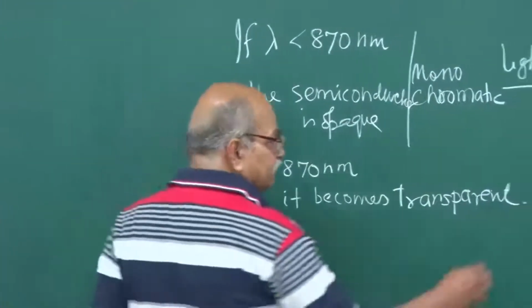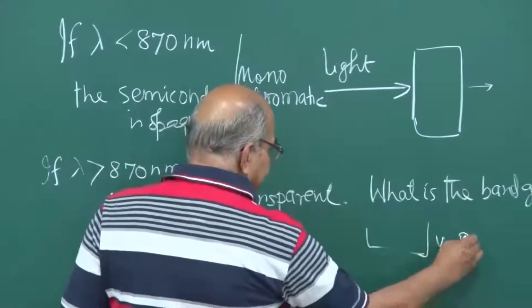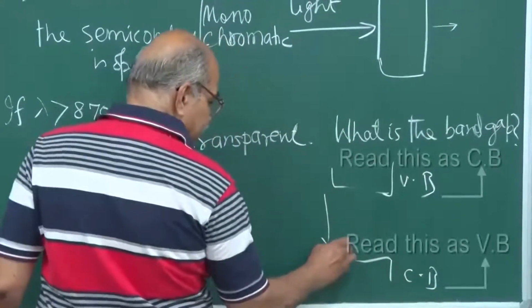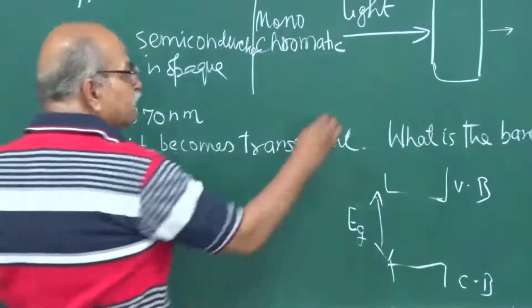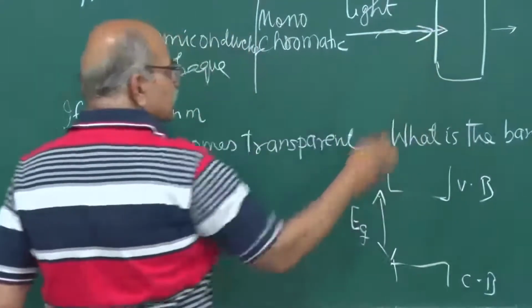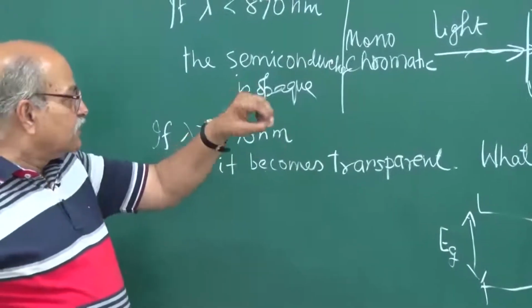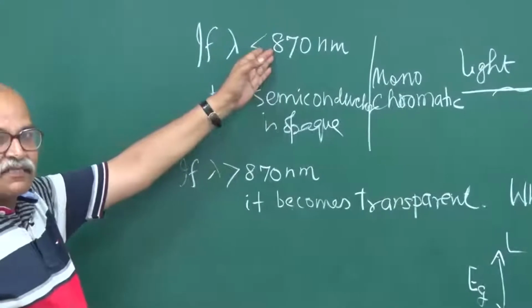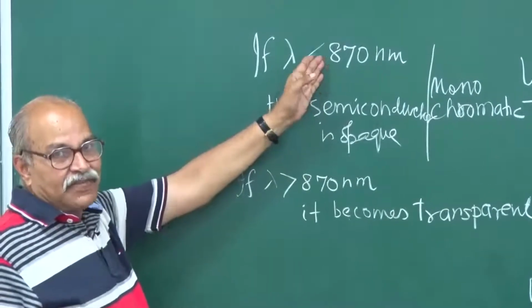You have the semiconductor, so you have a valence band, you have conduction band, and then there is a band gap, Eg. If light falls on this, light photons have certain energy, and you can calculate the energy of the photon corresponding to this particular wavelength.